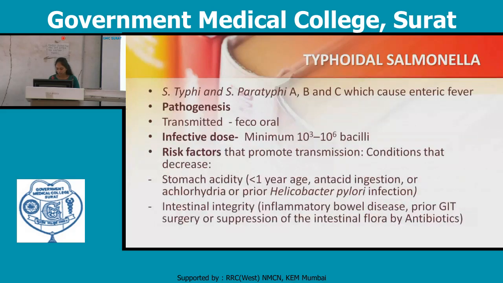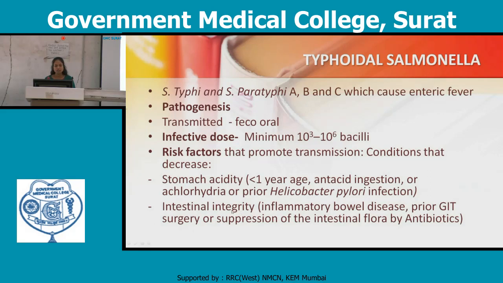Now typhoidal Salmonella: S. typhi and paratyphi A, B and C, which cause enteric fever. Pathogenesis: it is transmitted by the fecal-oral route. The infective dose is 10 to the power 3 to 6 bacilli. Risk factors that promote transmission are conditions that decrease stomach acidity or intestinal integrity.